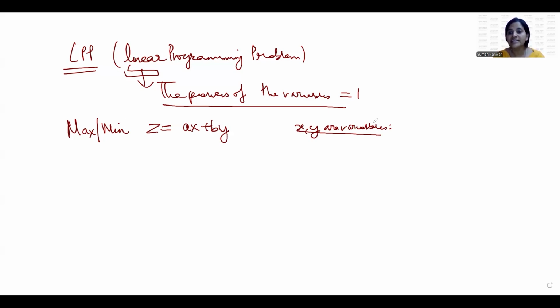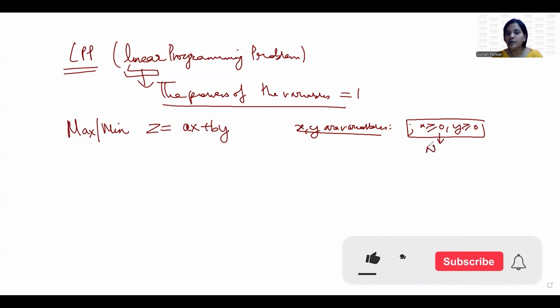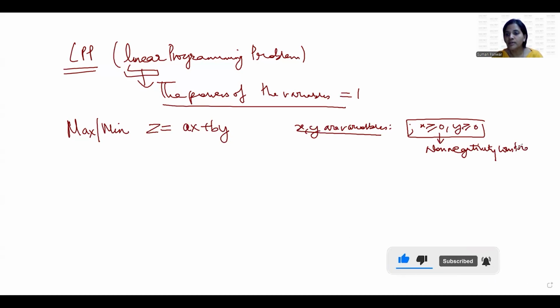So therefore, x and y will always be greater than or equal to 0. They cannot be negative. So this is known as the non-negativity constraint. What do you mean by constraint? Constraint is that I am putting some limit on the problem. The limit is that x cannot be negative, y cannot be negative. So these are known as non-negativity constraints. It will always hold.